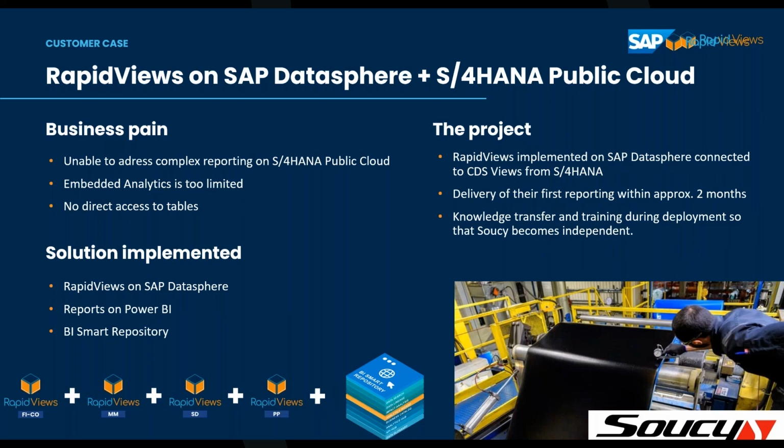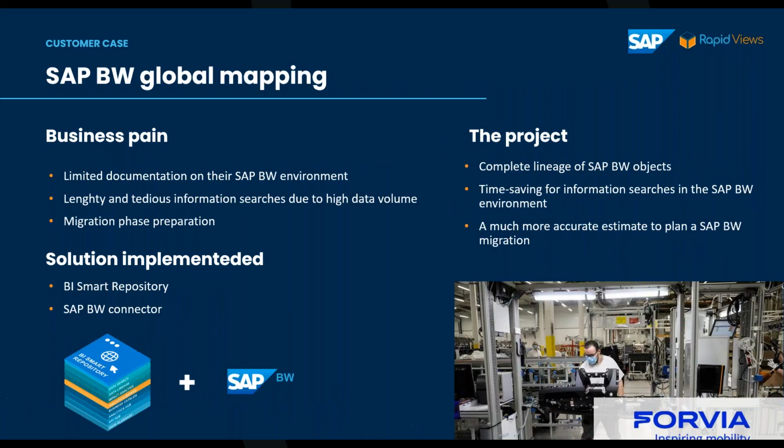On SAP Datasphere, we installed our Rapid Views business content, FICO, MM, SD, and PP, and they rebuilt their data warehouse on this system, using Microsoft Power BI on top of SAP Datasphere. In two months, they had everything up and running, and it's a customer that is extremely happy because they have a very strong data warehouse in a very short period of time.